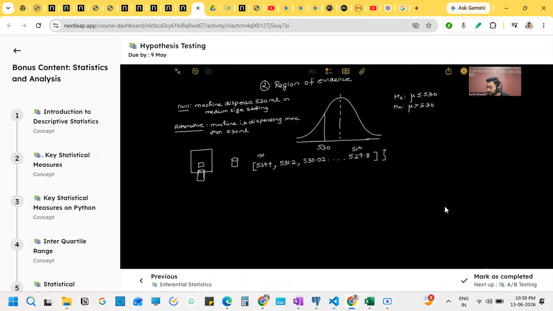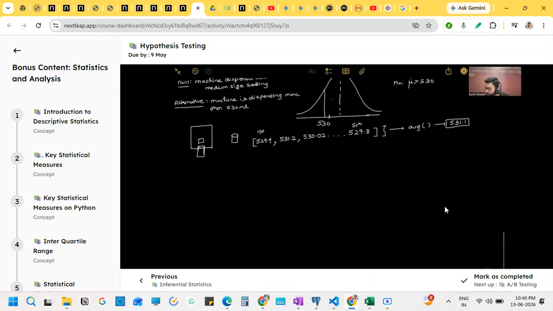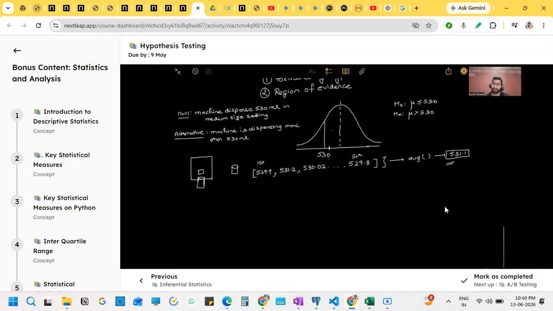Now I will take the average. Let's say the average came out to be 531.1. This value is on this side, right? 531 will be over here. If you want to prove that null is wrong, where do you want your resultant value to appear? You want it on this side, the right side.